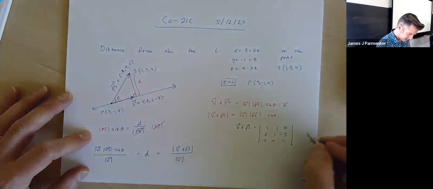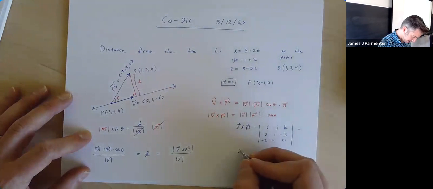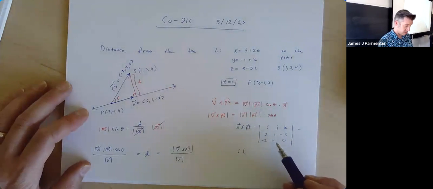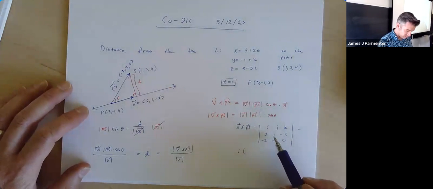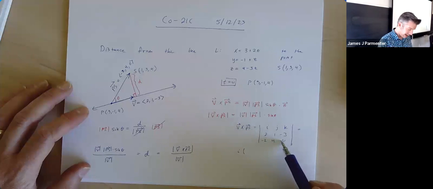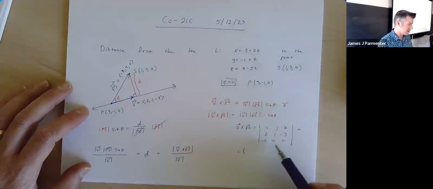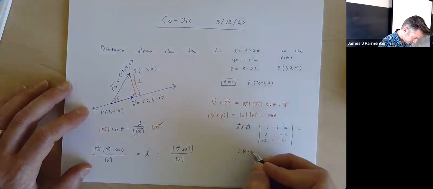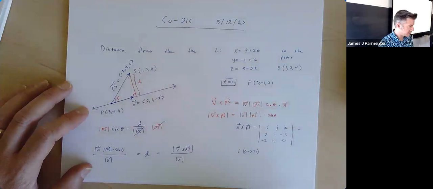And then that's going to end up being I times. Now, I think with practice, you can just do this in your head. Instead of writing the determinant of the 2 by 2 matrix 1, -3, 4, 0, I can just be like 1 times 0 is 0 minus -3 times 4, which is -12. So 0 minus -12. I think we can jump to that pretty easily.